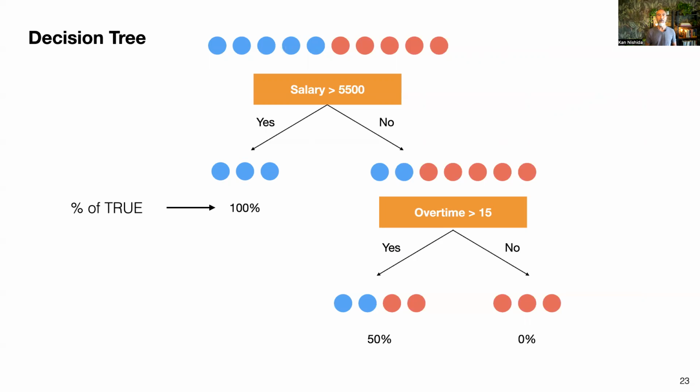For example, we have 100 people, and the first if condition is whether salary is greater than 5,500 or not. The algorithm, not you, builds this series of questions or if statements or conditions, and this itself becomes the model. Okay, so this is machine learning. So there is a difference between machine learning and a statistical learning model.